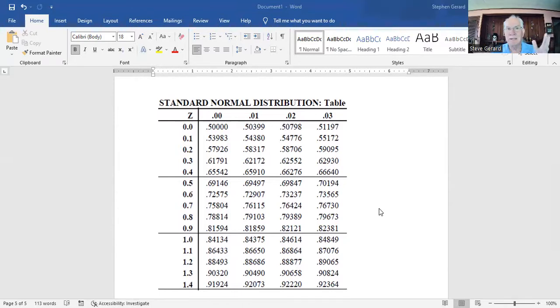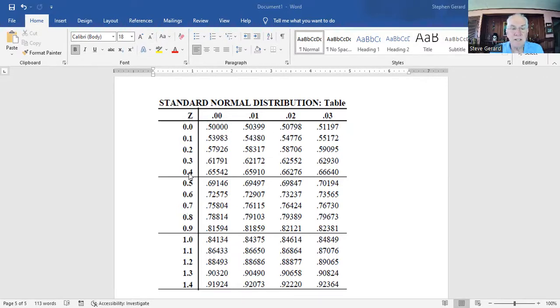In the back of it, you're going to find a Z-score table. What this tells you, for instance, is if you have a Z-score of 0, 50% of the population is to the left of that point. If you have a Z-score of 0.01, then it's 0.503, about 0.504, so about 50.4% of the distribution is to the left.